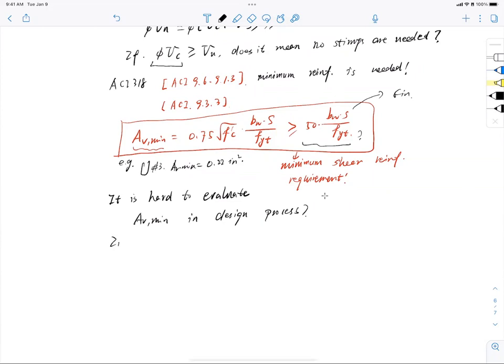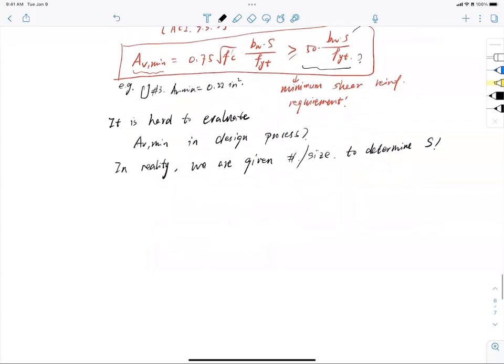In reality, oftentimes we're given the stirrup size, and we are responsible for determining the spacing of the stirrups.